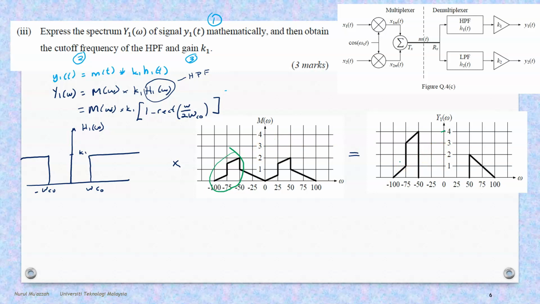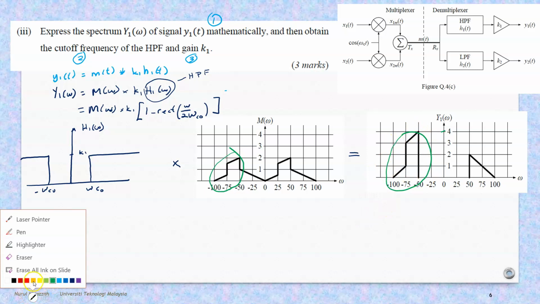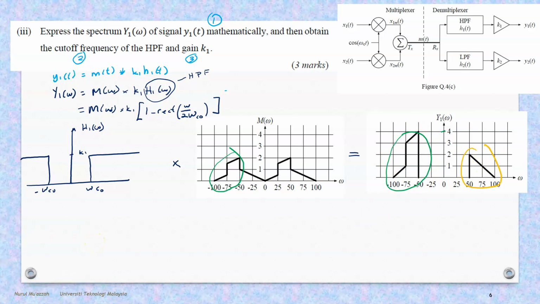You have to observe and also imagine. We have this part, and if we look here, we have the triangle part at 50 to 100. This is also similar to this, but the amplitude here is 1 and the amplitude here is 2.